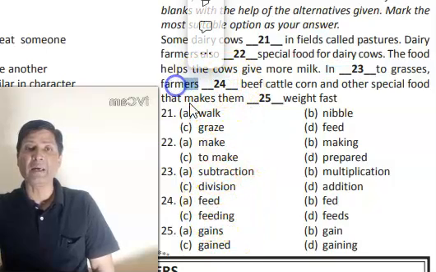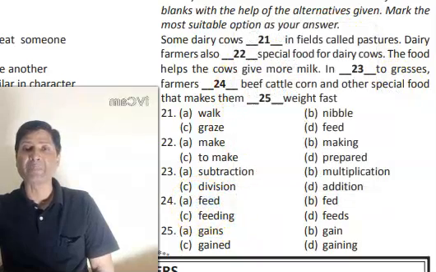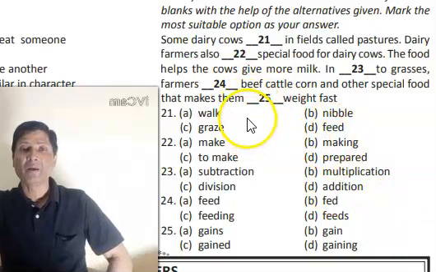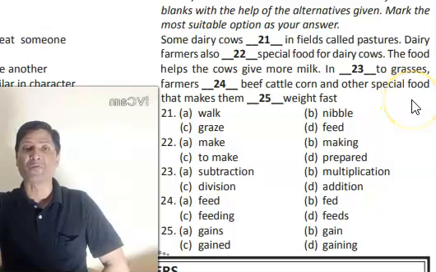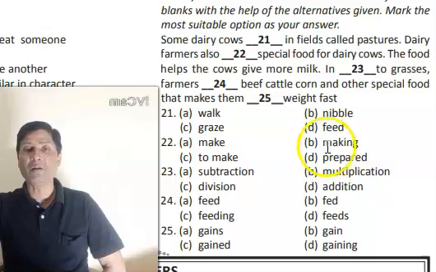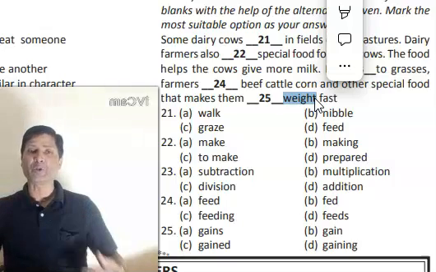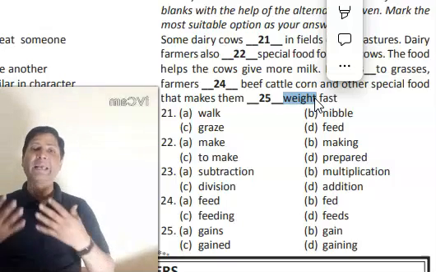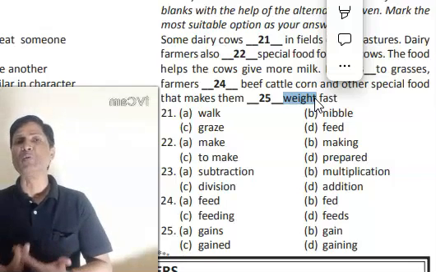Farmers is plural and therefore there should be a plural verb, so the verb is feed, and because the passage is in present, it can be feed. So farmers feed beef cattle corn and other special food that makes them gain weight. When an animal or a person acquires weight, or their weight increases, that is called gain weight. Or if you shed some weight, that is called lose weight.